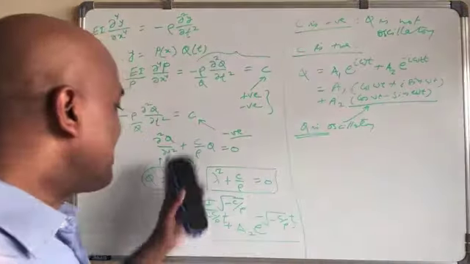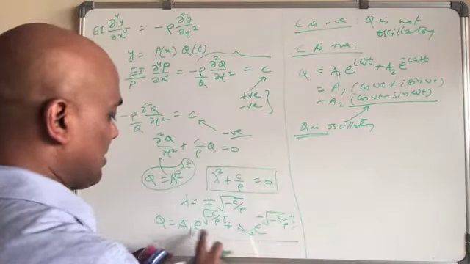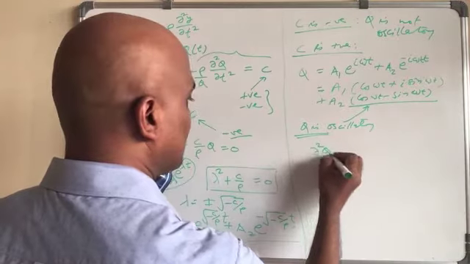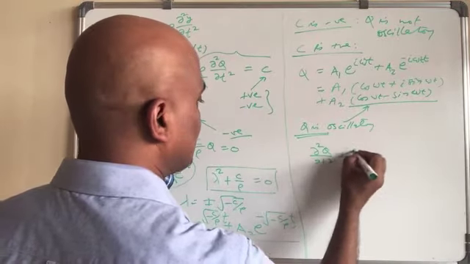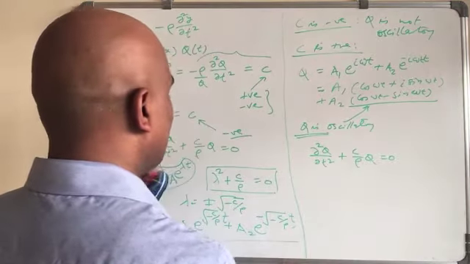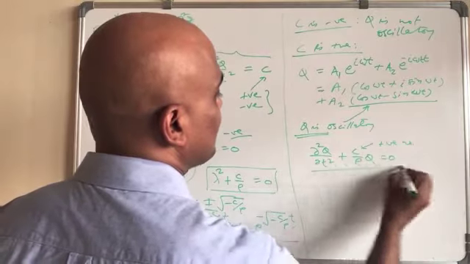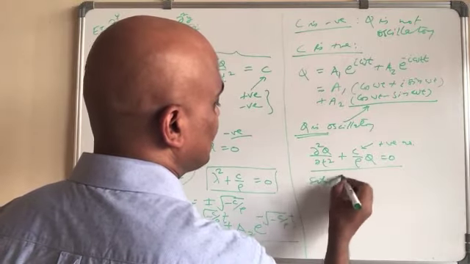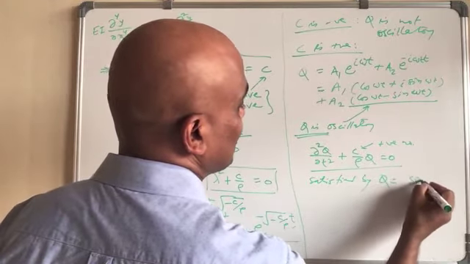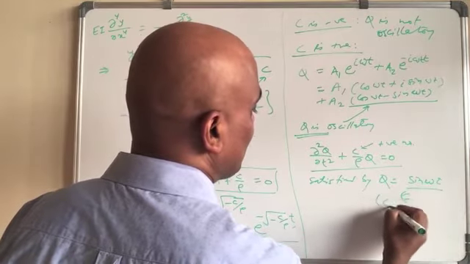As a real problem, we have del squared Q over del t squared plus C over rho Q equal to 0, where C is a positive number. This is satisfied by Q equal to sine omega t, and in fact both sine omega t and cos omega t.